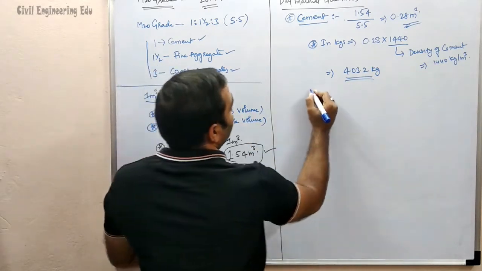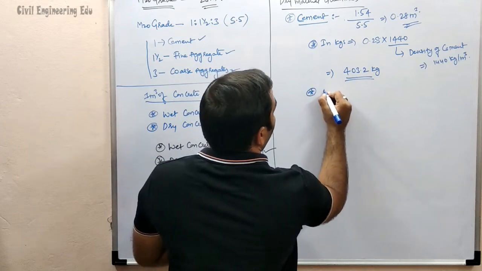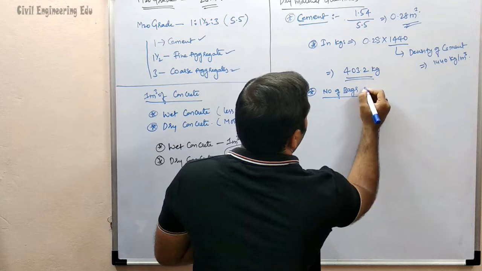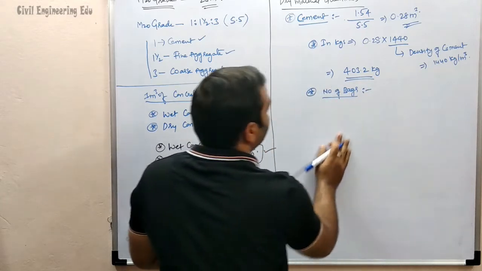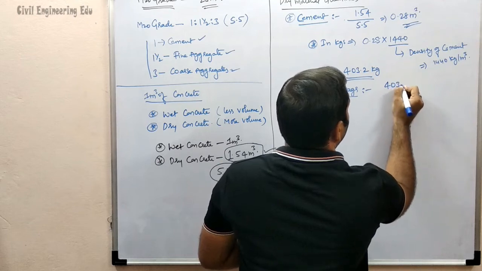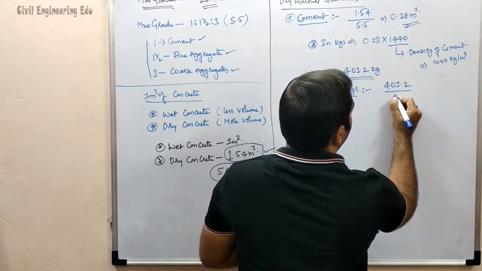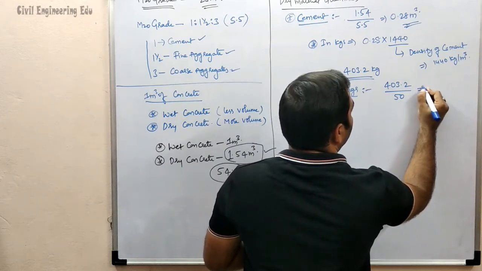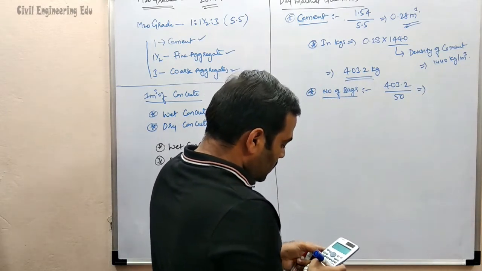So next one will be number of bags, because in general we order cement in bags only. So simple, 403.2 divided by 50. So here what is 50 again?